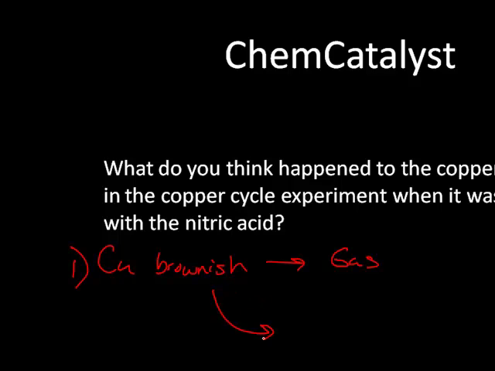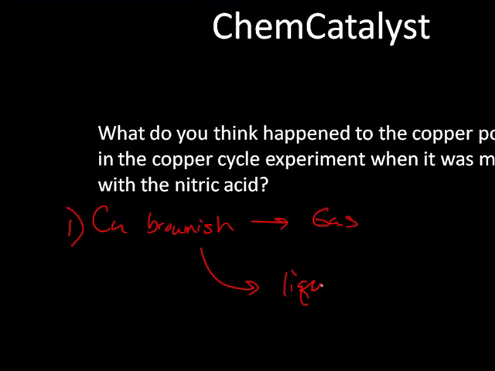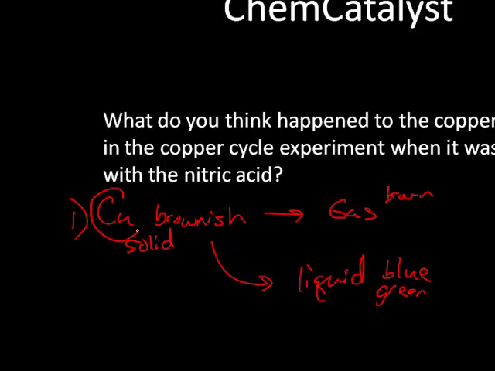Well, if it doesn't go to the gas, maybe it could have gone to the liquid. So we had solid copper that was brownish color, we had a brownish colored gas, and a bluish colored liquid, kind of green at first and then it turned blue. So the question is, where did the copper go and how do we know?